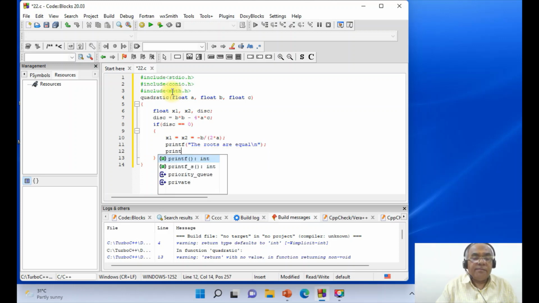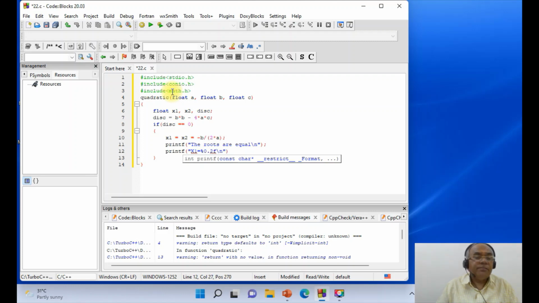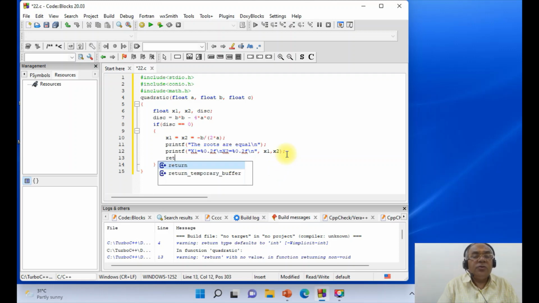Then printf x1 equals %0.2f \n, then x2 equals %0.2f \n. Then we have x1 comma x2, those two root values. Then you return to the main function.